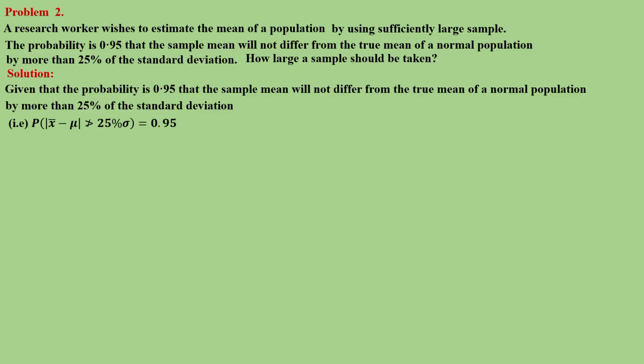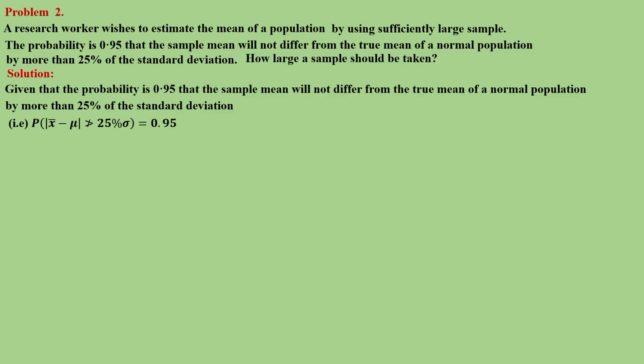So they have given the probability of the difference between the sample mean and the true mean of the normal population. The difference x bar minus mu is not more than 25% of the population standard deviation sigma, and the probability is 0.95.